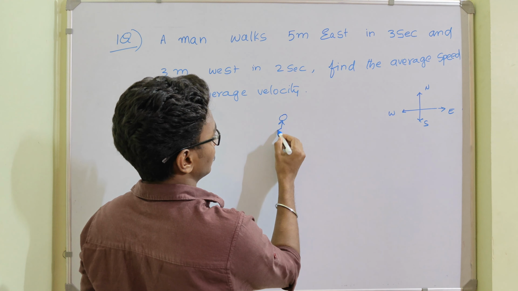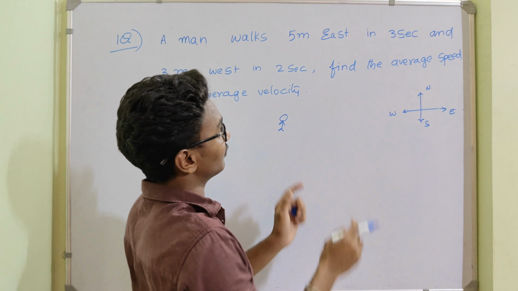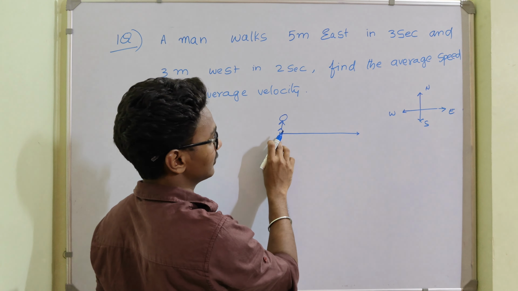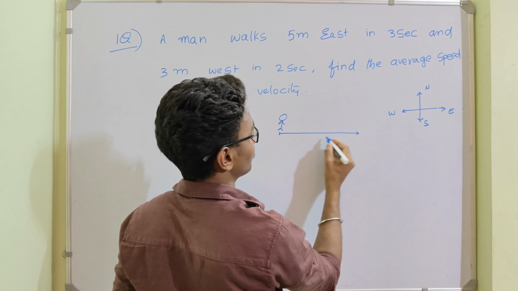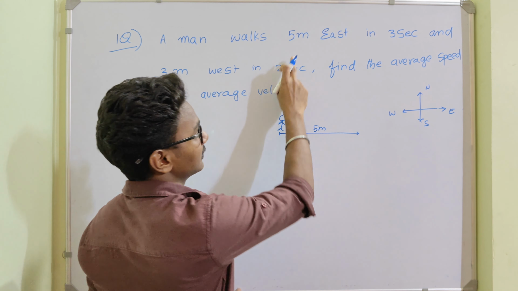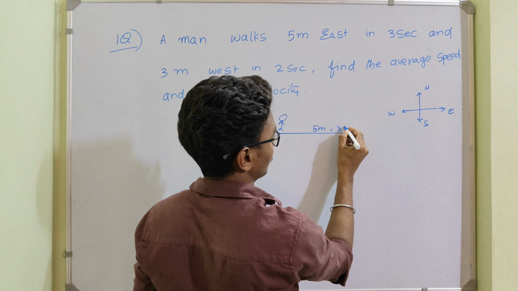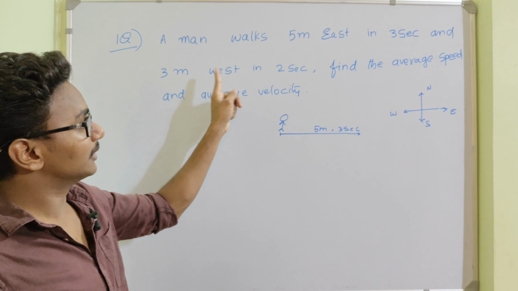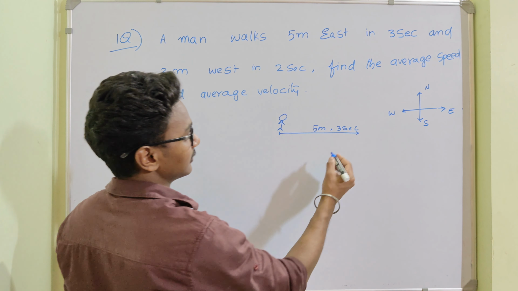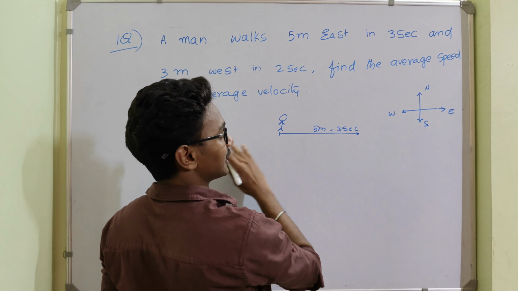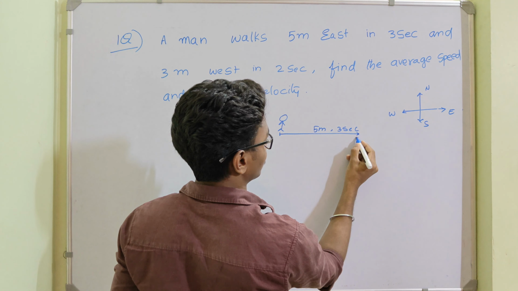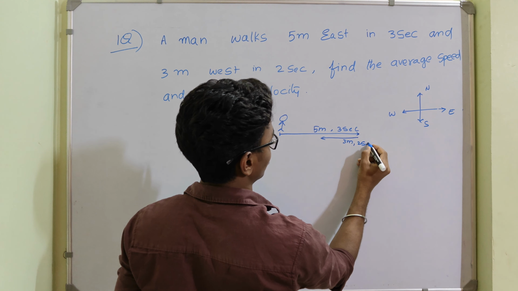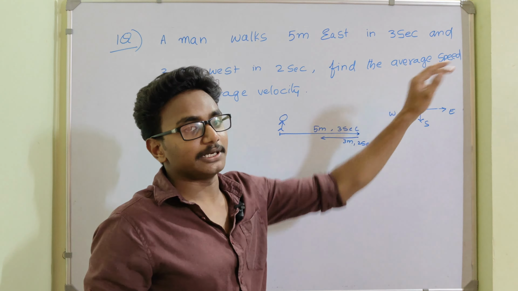The man walks 5 meters east from the point he stands, in 3 seconds. After that, 3 meters west in 2 seconds, from this point in this direction.